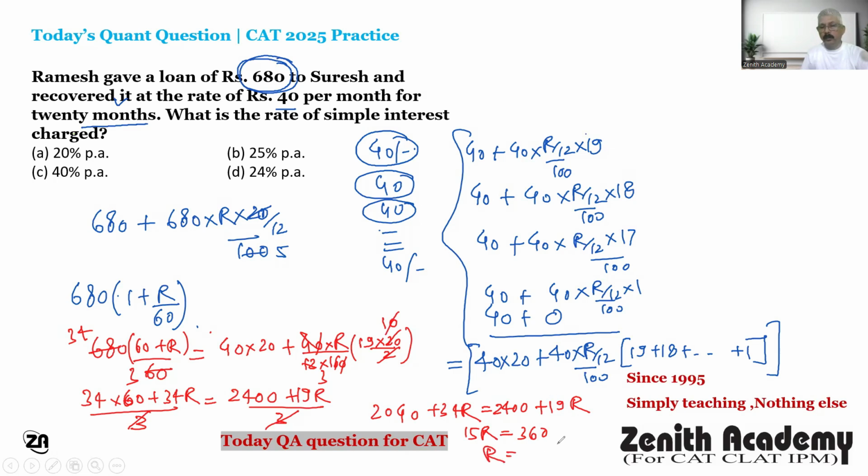So R is 360 by 15, which is 24%. So this is the answer: 24% per annum.